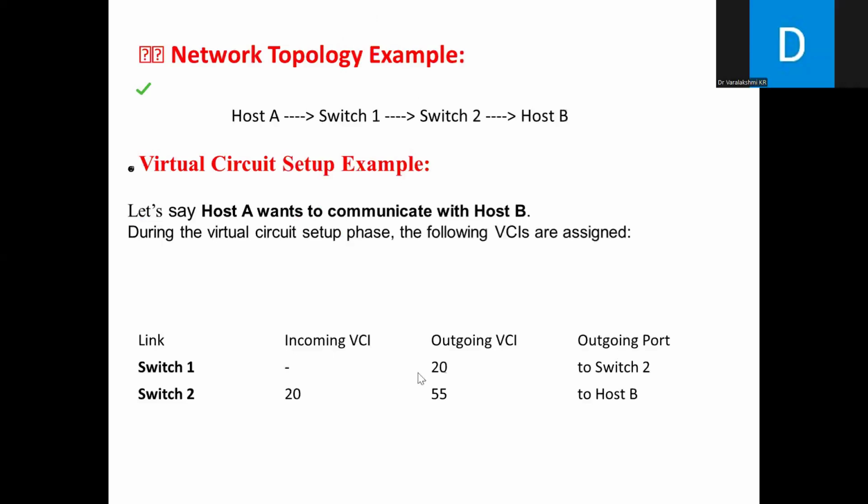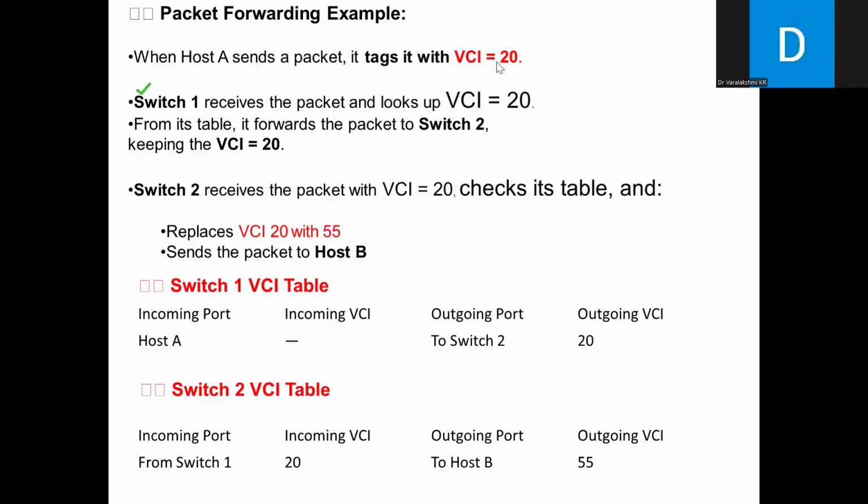When switch 1 receives this VCI 20, it looks at its table and replaces this VCI 20 based on the table, then forwards the packet to switch 2.